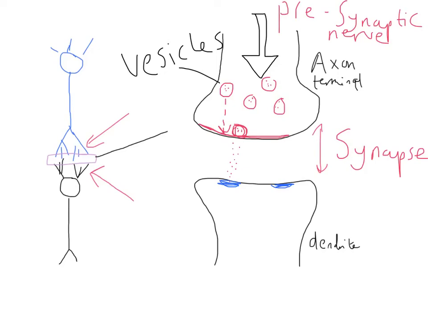And when it touches the postsynaptic membrane, so this here on the bottom, if we had presynaptic nerve at the top, this is going to be our postsynaptic nerve, so our nerve post the synapse, so after the synapse. That means that this membrane here would be the postsynaptic membrane.